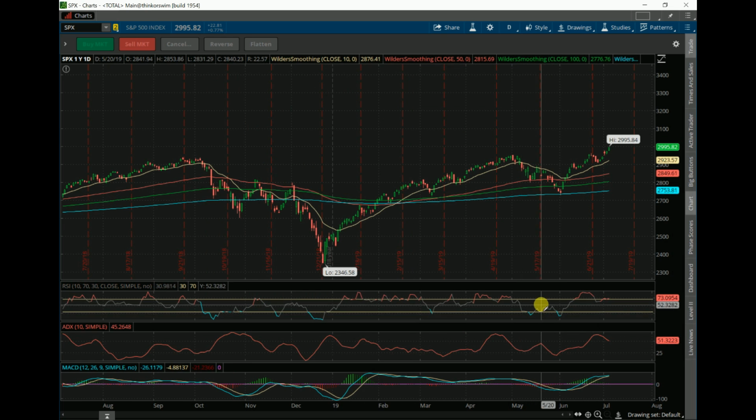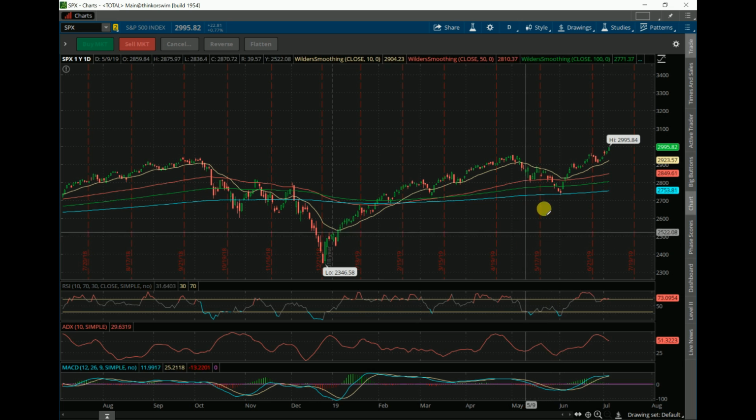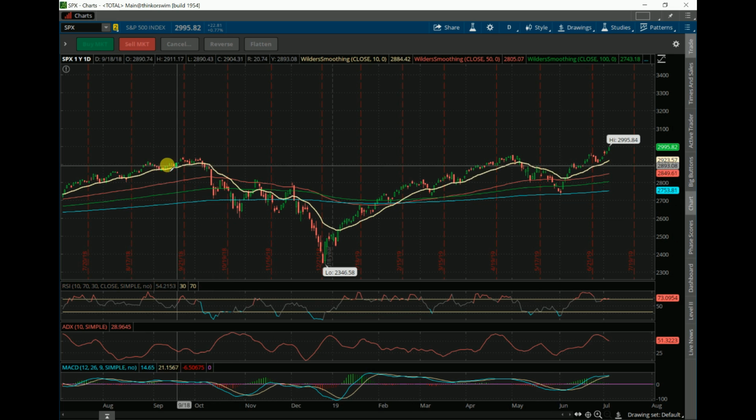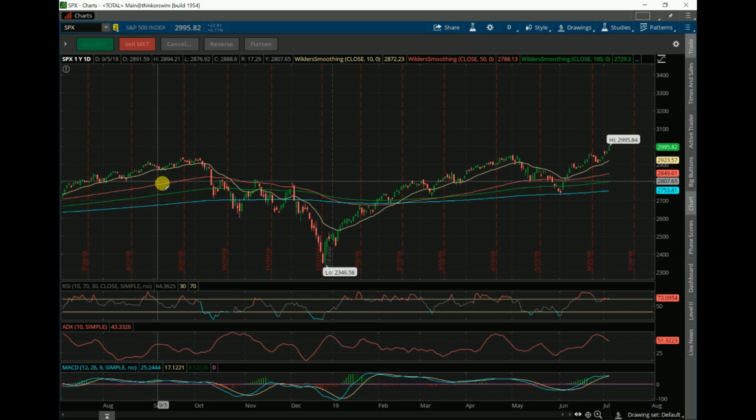Okay, so what we have going on here is I talked earlier about how moving averages were getting a little on the stretch side. Not really that bad yet, but it's getting there. If you look over here, this is a more noticeable area. Now, we have all the moving averages: the 10-day, the 50-day, the 100-day, and the 200-day. See how they're all further apart from each other right here?